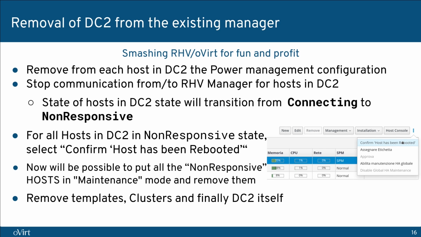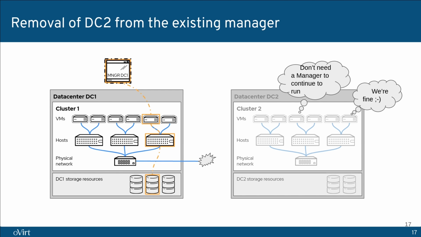By doing so, the manager will receive from the Rev administrator the information that no VM is running anymore on those hypervisors. Now it will be possible to put all the non-responsive Rev hosts in maintenance mode and later remove them, remove templates, cluster, and finally Data Center 2 itself.